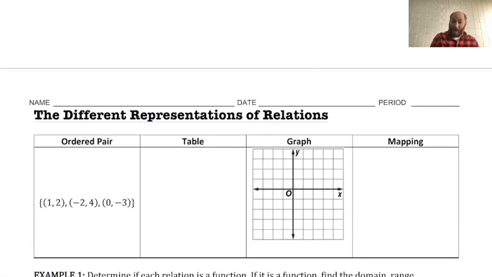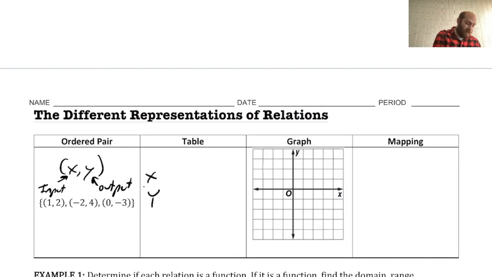Different ways to represent our relations. We can do it as ordered pairs. So it's just X and Y values, that's all. One thing to mention about this is typically when you have an X and Y value, X is going to be the input, Y will be the output. When I make my table, I can do X and Y like this. And I don't know, 2, 3, 7, 9, and then we'll say 4, 5, 6, 7.